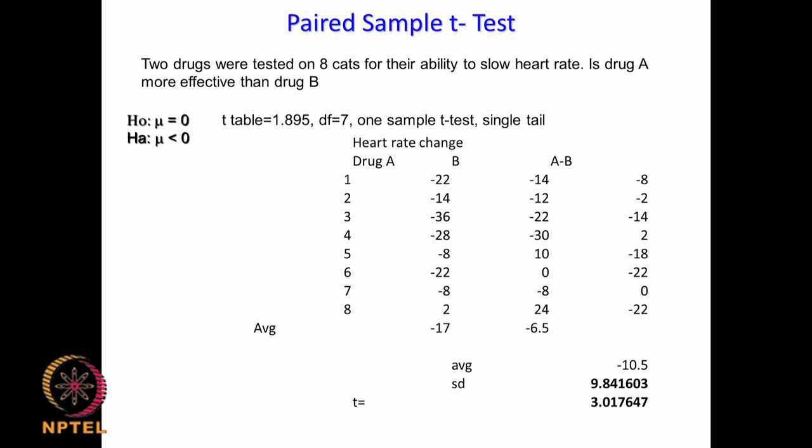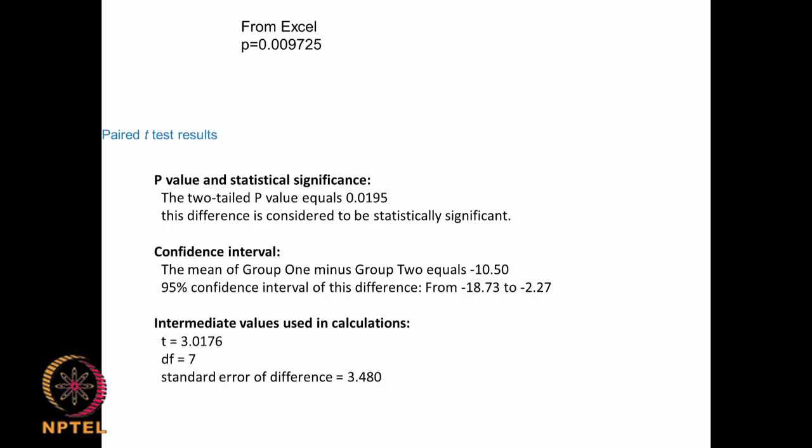So obviously x bar minus mu divided by s divided by square root of n is what we try to do, and we find that the t value is much larger, 3.0, when compared to 1.895 for a one sample t-test single tail with 7 degrees of freedom. Okay. So although the two sample t-test might not be able to give a good p value, when we do a paired sample t-test we get a very good p value. Okay. So we reject the null hypothesis.